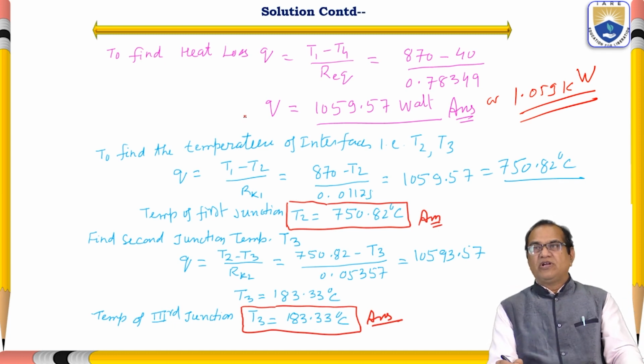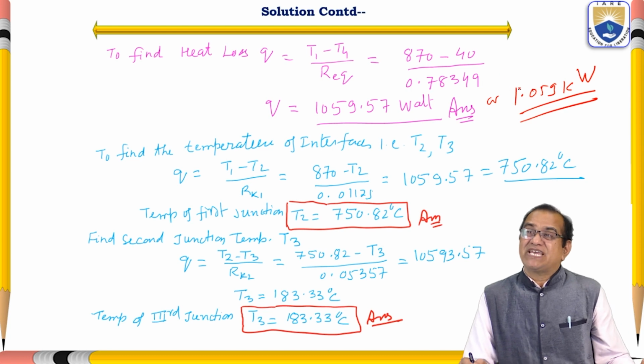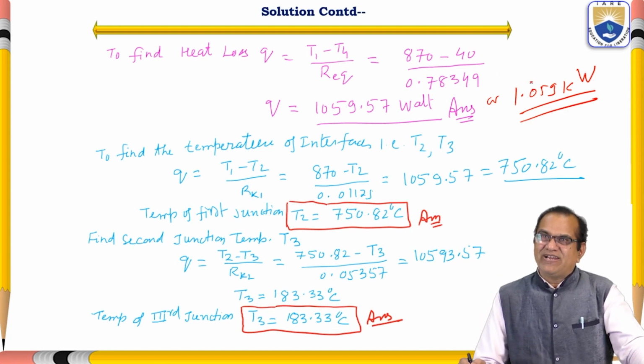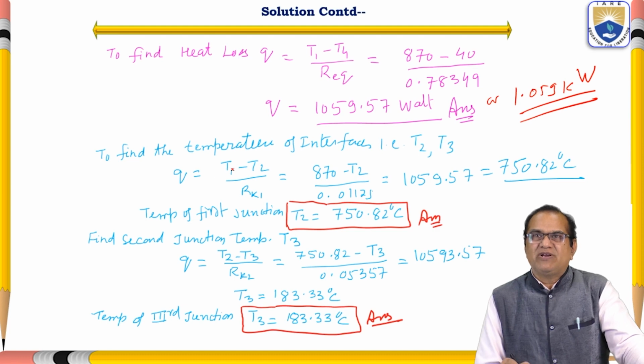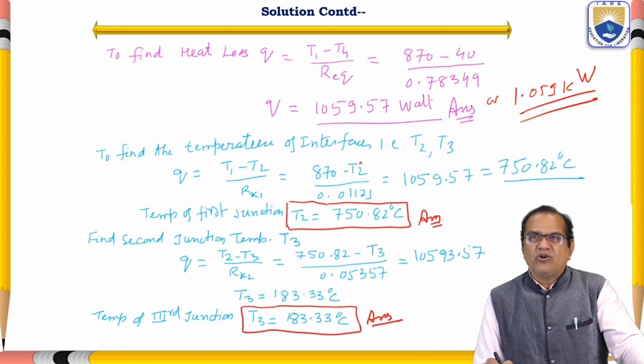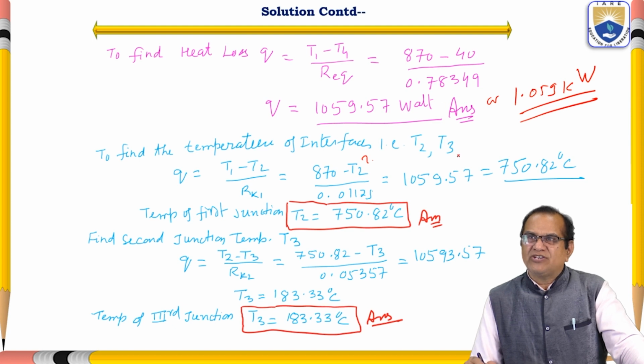So how to find out? This heat transfer rate will be the same. Here for RK1 we know the T1, so we can find out the T2. This heat transfer rate is equal to T1 minus T2 by RK1. We know T1, we don't know T2, and we know Q is equal to 1059.57.